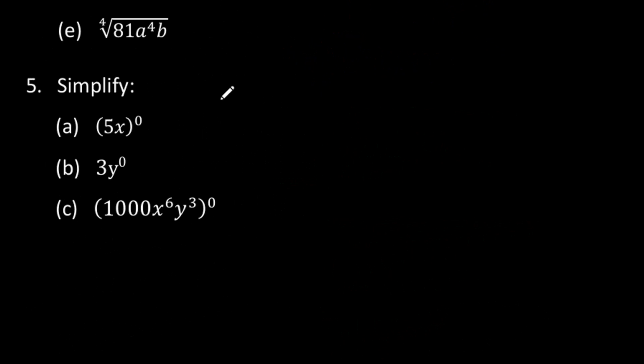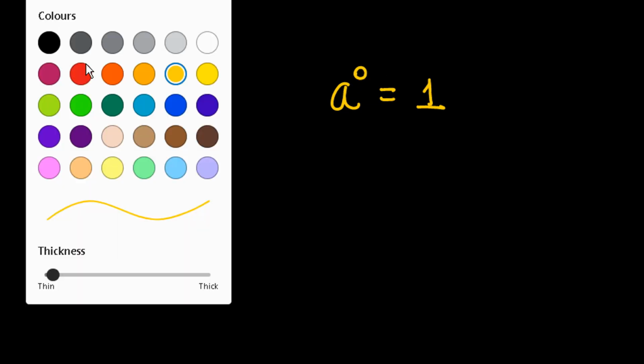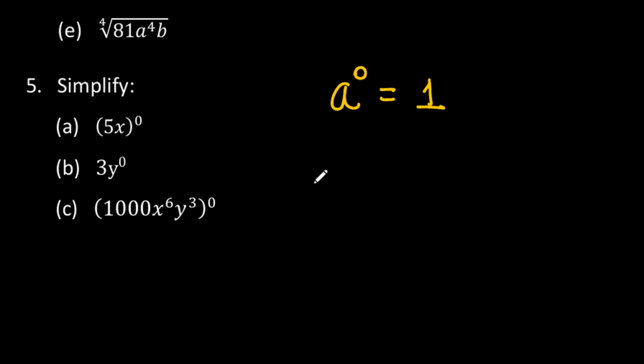Then the last question in this tutorial deals with the exponential law that says a to the power 0 equals 1. In other words, any number or anything to the power of 0 will be 1. So let's look at a. Now, the brackets here mean that everything inside the brackets must be raised to the power 0.